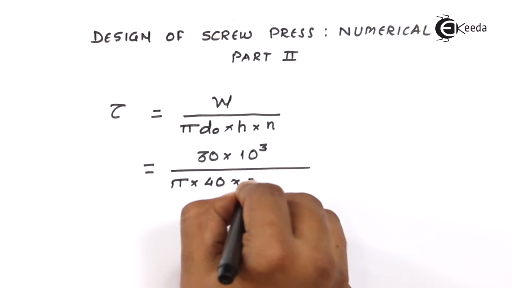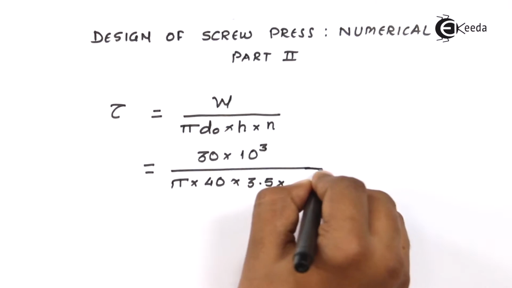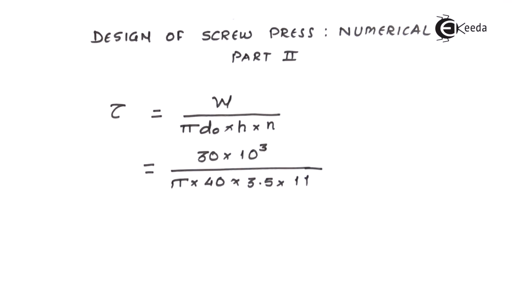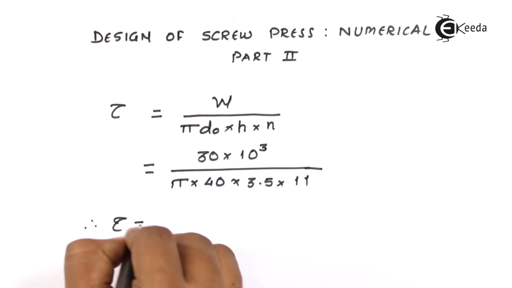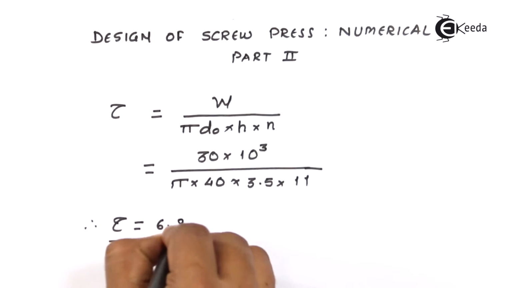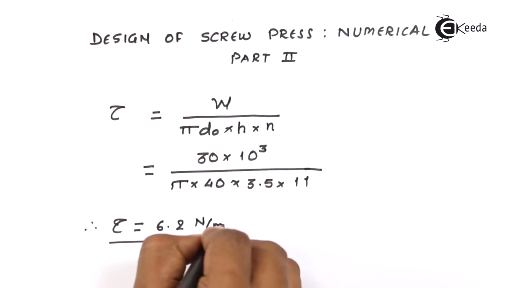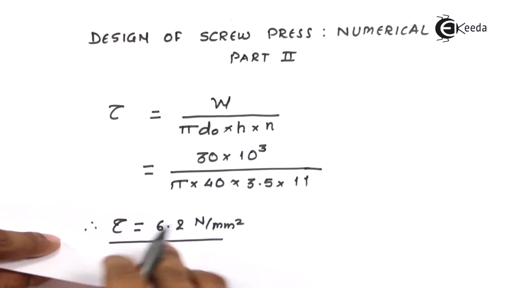The value H we had found out was 3.5, and the value of N, that is the number of threads, is 11. Based on this calculation, the tau value that we get is somewhere around 6.2 Newton per millimeter square. Now this is the induced value of shear stress.